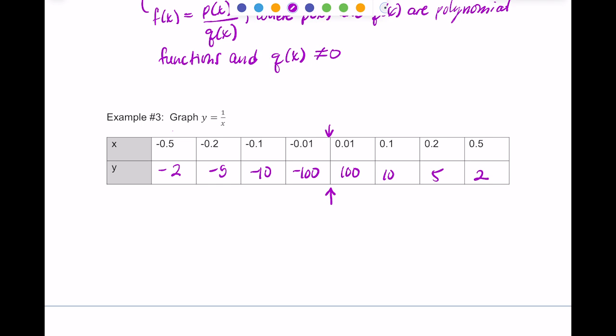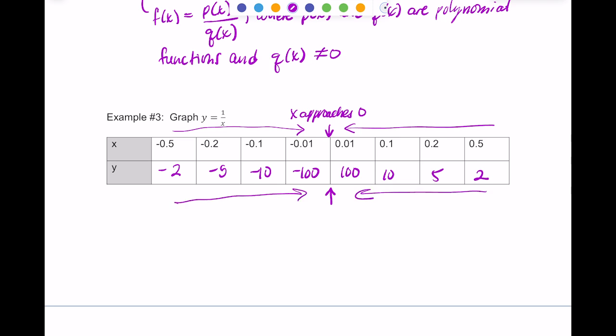And also, as you move this way and that way, the absolute value of y is getting larger. You can see that the numbers are getting bigger and bigger in absolute value as x is approaching 0.